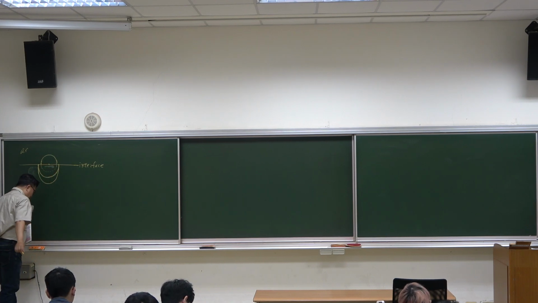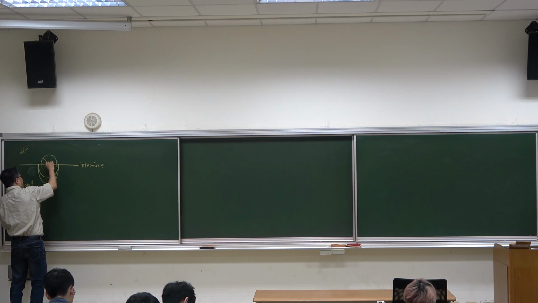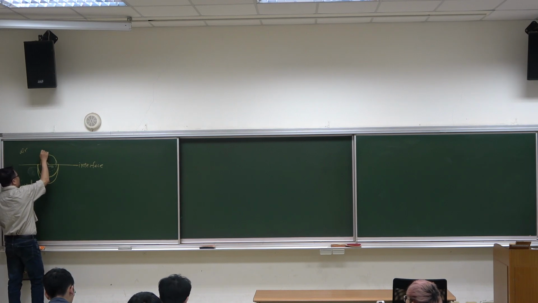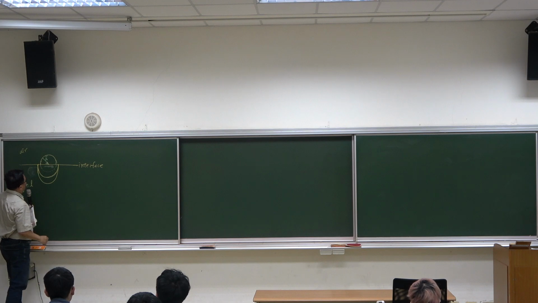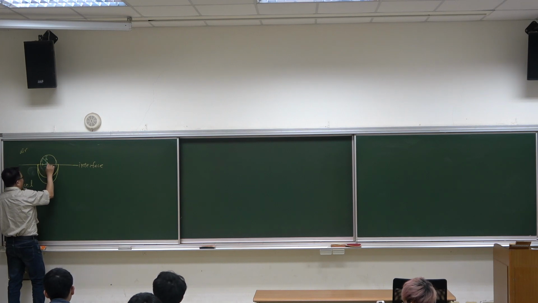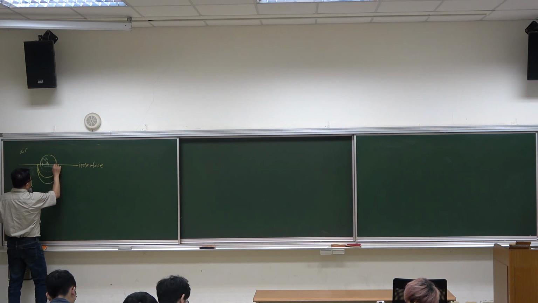So, if the incident light has the wave vector along this direction, K0, then I can plot this K0 gives us the tangential component of this length. Then I choose this length and plot a vertical line.